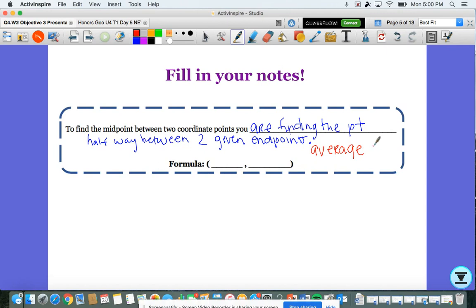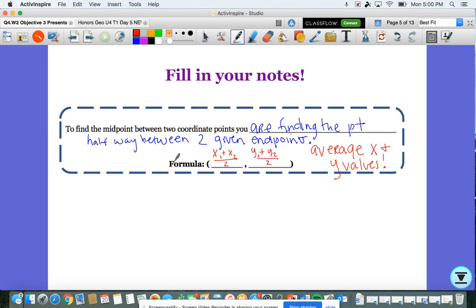Remember doing mean? Average the x and y values, right? So the formula ends up being x1 plus x2 divided by 2 and y1 plus y2 divided by 2.